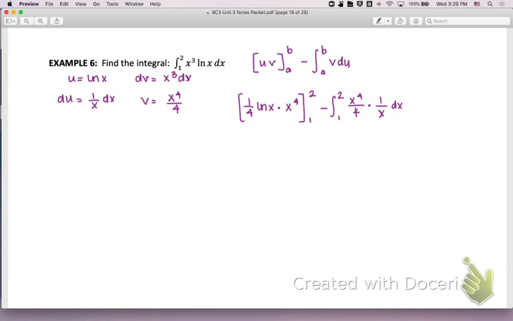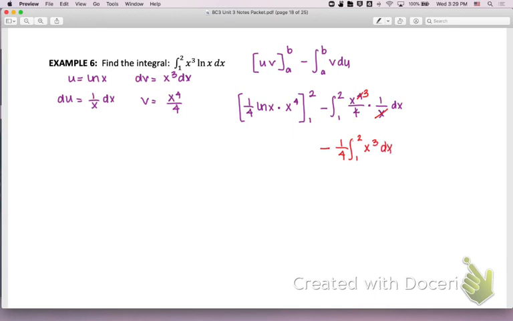Now, inside here, this works out kind of nicely because one of these x's is going to divide out, and we can pull out the 1/4. So this second half here ends up being 1/4 the integral from 1 to 2 of simply x cubed dx.